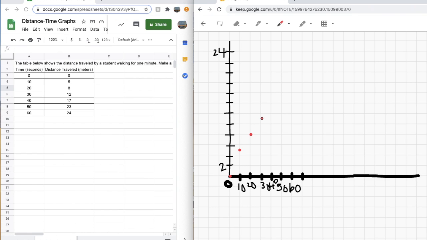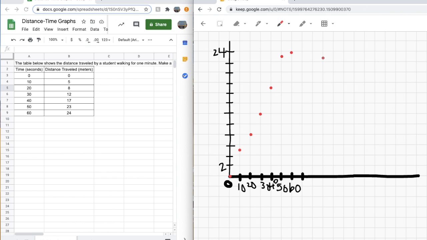And then he went to 12. And then next he went to 17, so that's going to be 12, 14, 16, 17. And then at 50, he went all the way up to 23. And then at 60, at 24, up at the top.